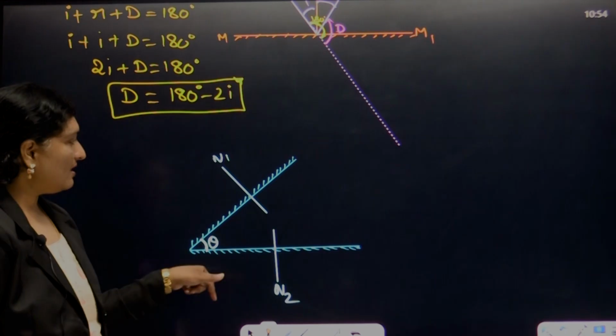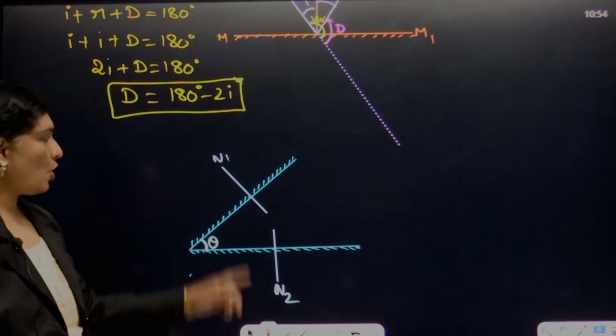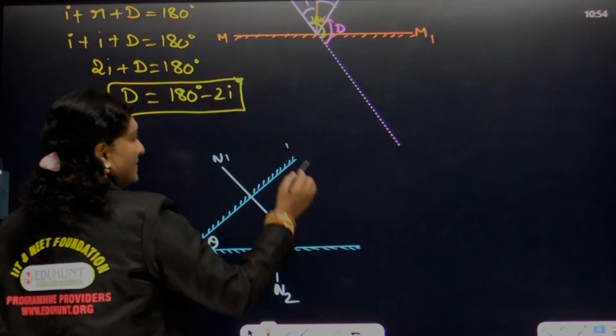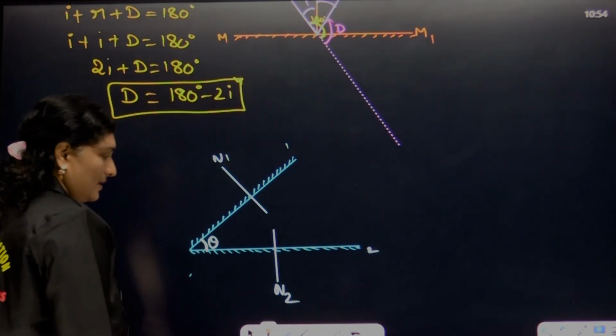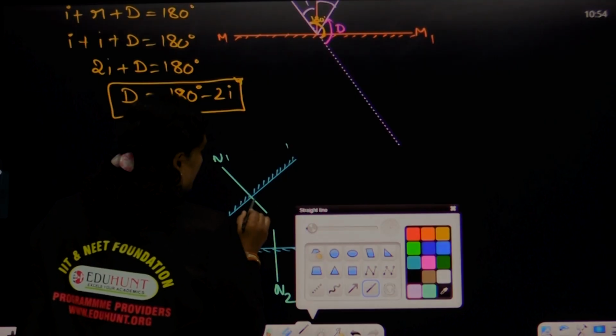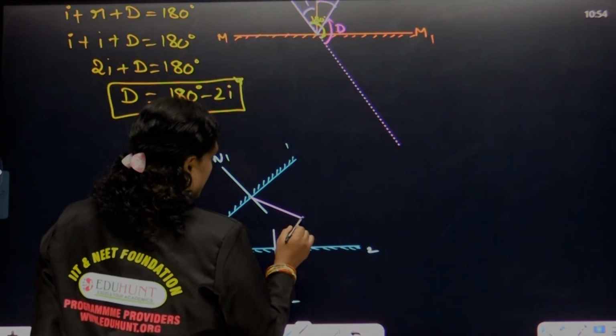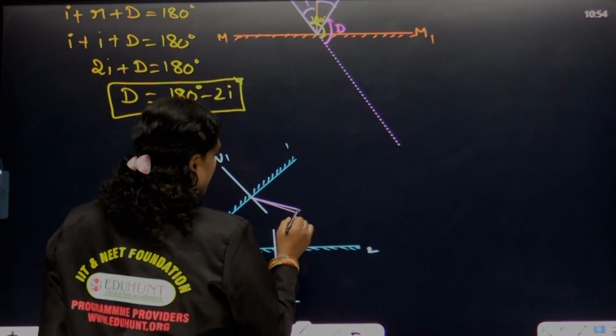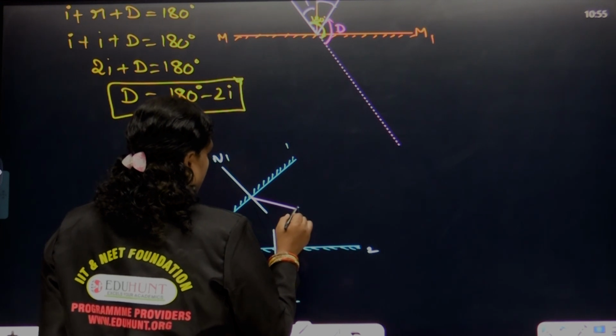Whenever a light ray is incident on the first mirror, I name this as the first mirror and consider this as the second mirror. Let us suppose that a light ray is incident on the first mirror in this direction.